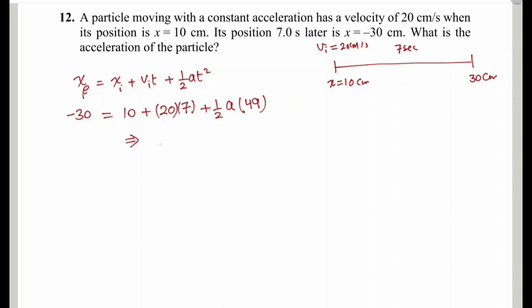In other words, minus 180 equals half a times 49, which gives a equal to minus 7.35 centimeters per second squared.